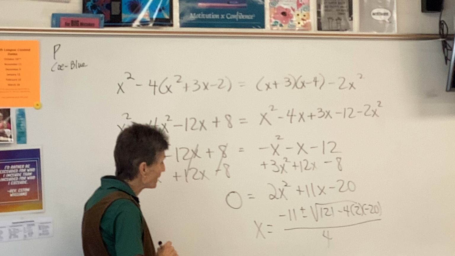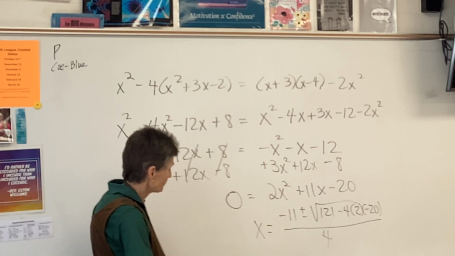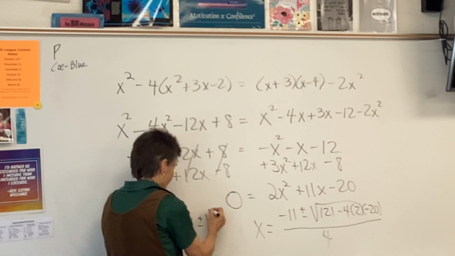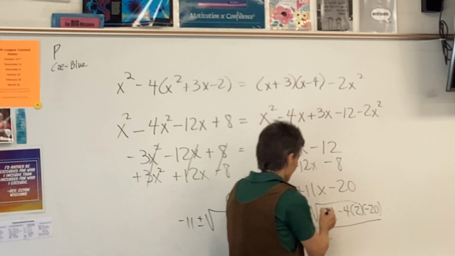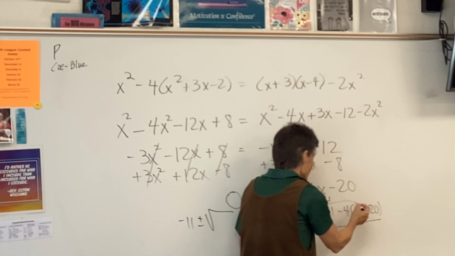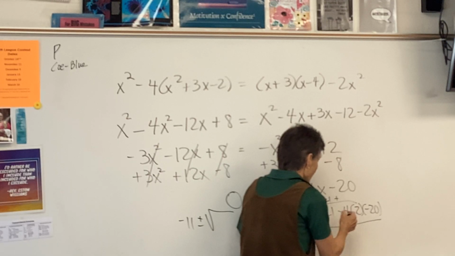All right, so what have I got under there now? We need to look carefully. What is that? 121. Now be careful, it's a negative and a negative, so it's actually going to become a plus. And it's going to be a plus 160.